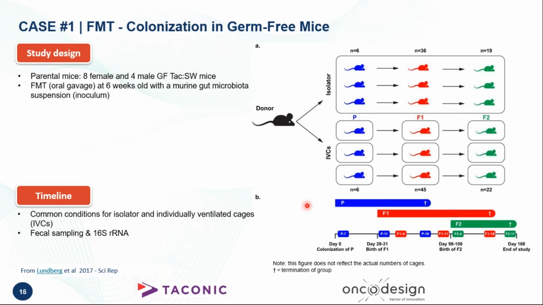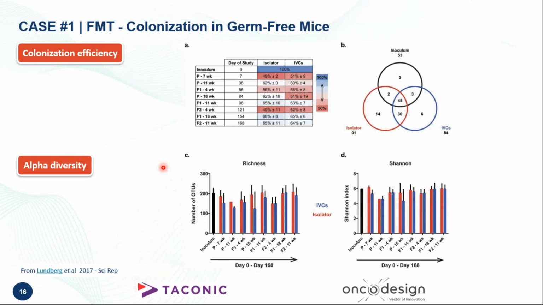And then in the next two slides, I'll share with you some data that we collected. Firstly, we assessed the colonization efficiency by calculating in each generation at selected ages. You can see in figure A, the leftmost column tells you either P, F1, F2, and then different ages.